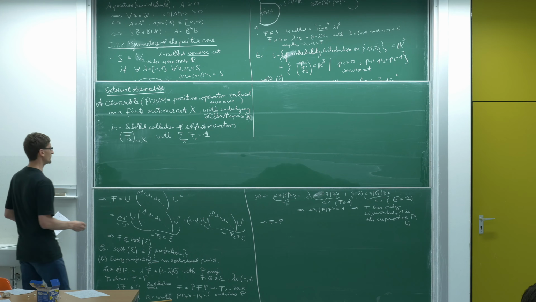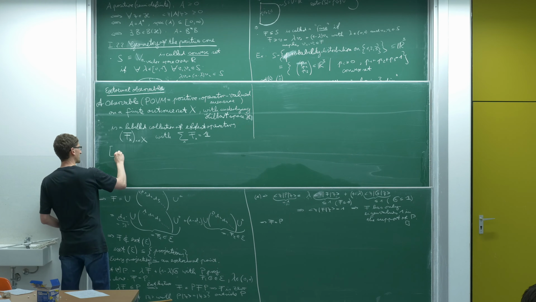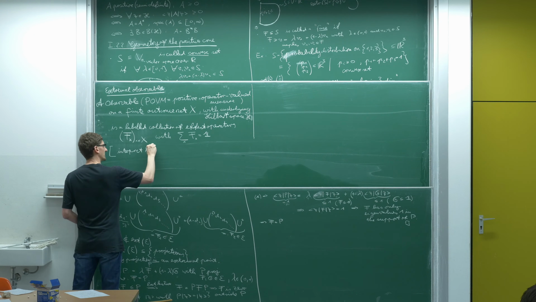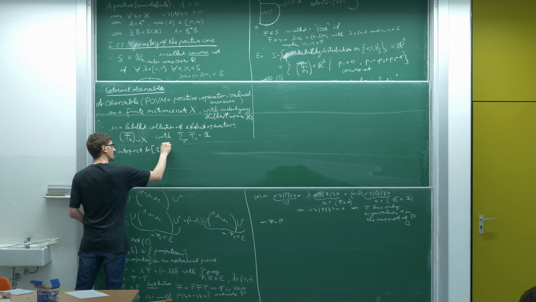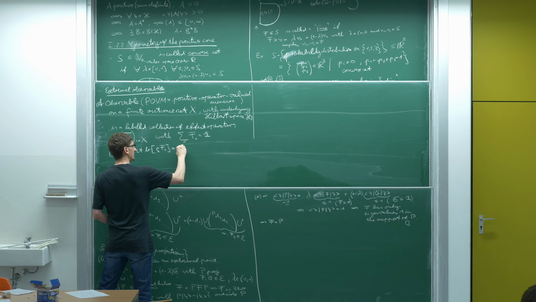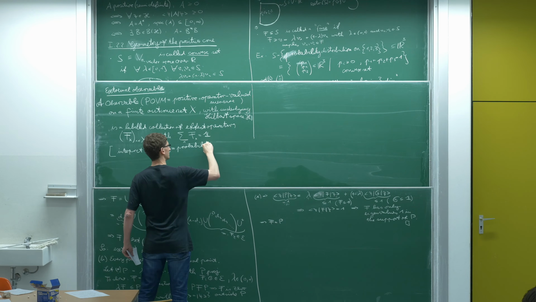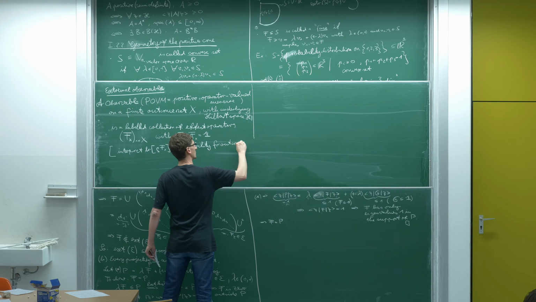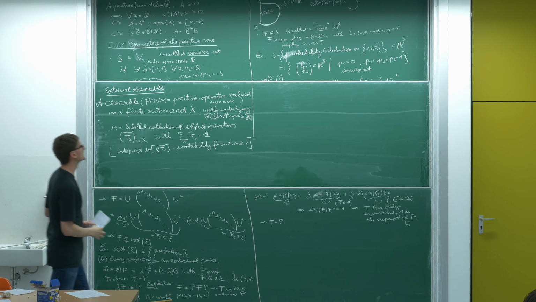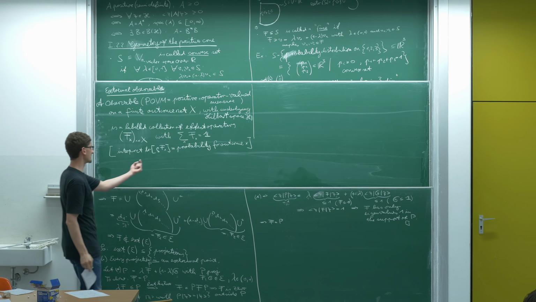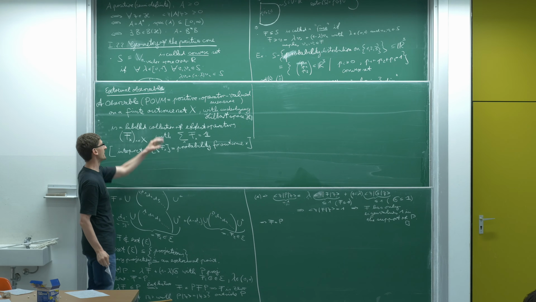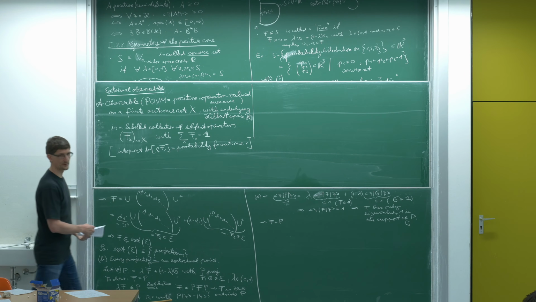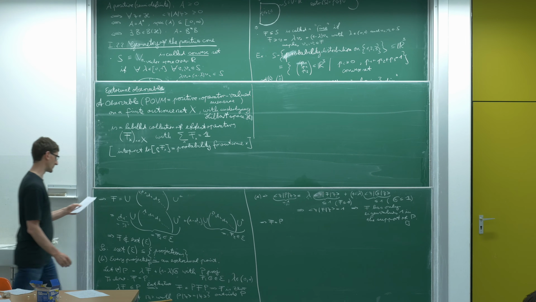We interpret the trace of rho times F_x as the probability for outcome x, if the quantum state was prepared in the state rho and we measure this observable, this POVM. And because of the normalization condition, all of the probabilities add up to 1.